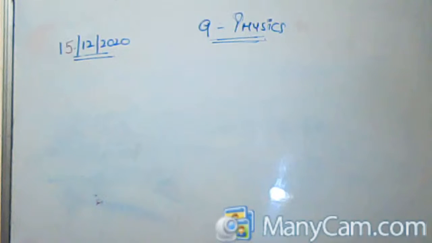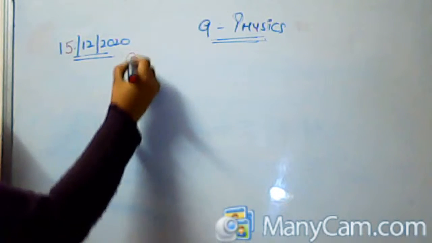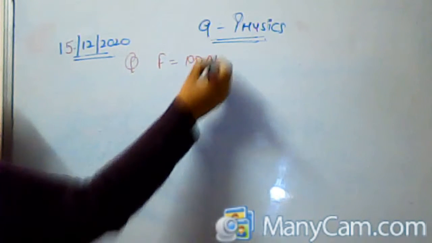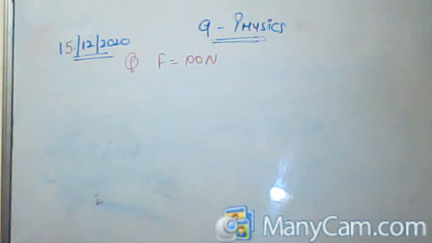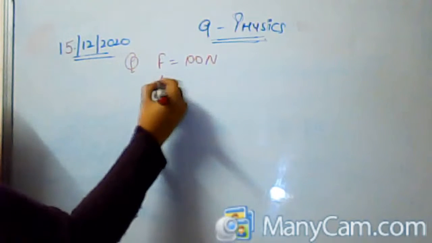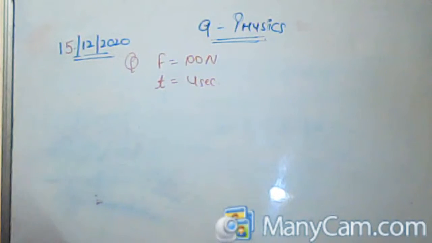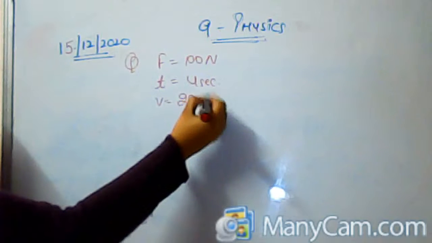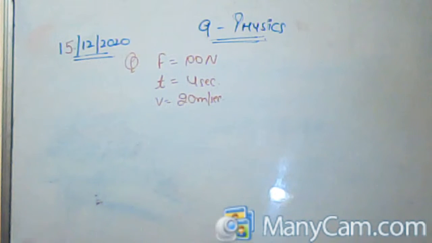A force of 100 Newton acting on a certain mass for 4 seconds gives it a velocity of 20 meter per second.